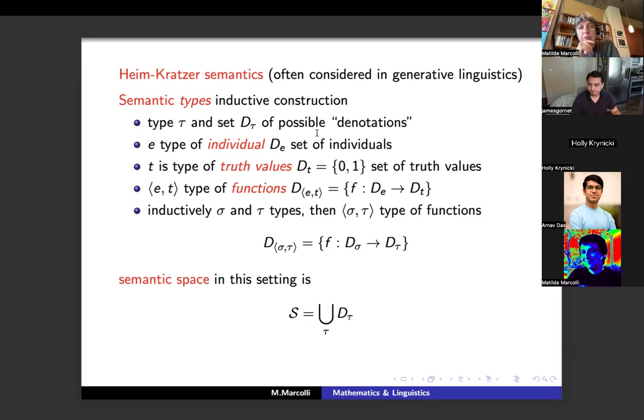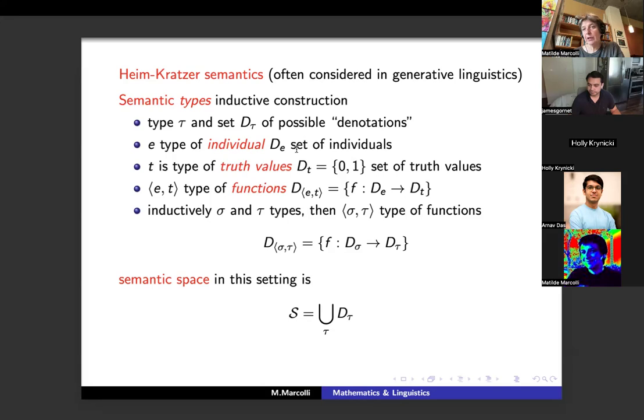That would be more like what you can imagine for this first set, D_e, this set of denotations, could be assumed to be something like that, some finite dimensional vector space, for example, or some metric space. But as soon as you start to inductively construct spaces of functions, you end up with a very large, infinite dimensional thing. So this looks quite different from the previous models of semantics that we looked at.